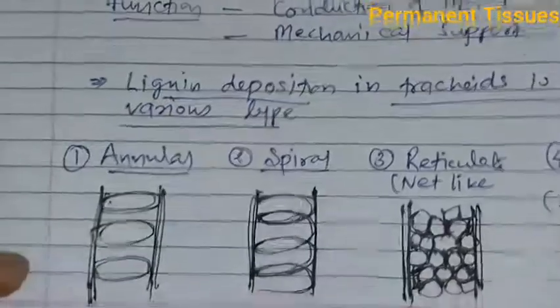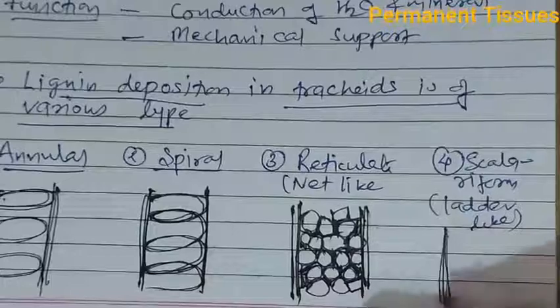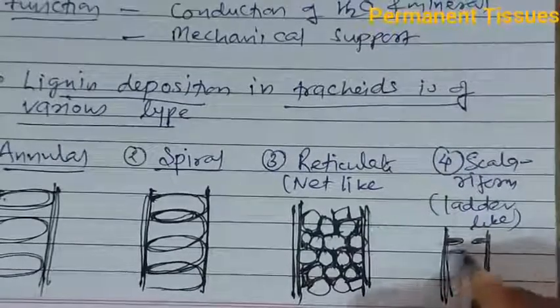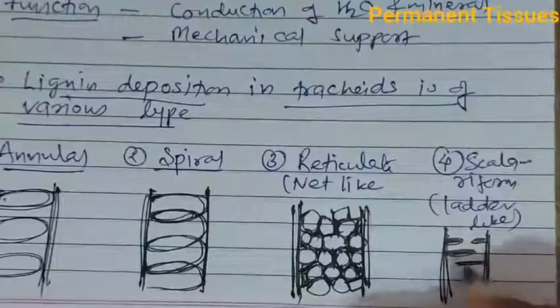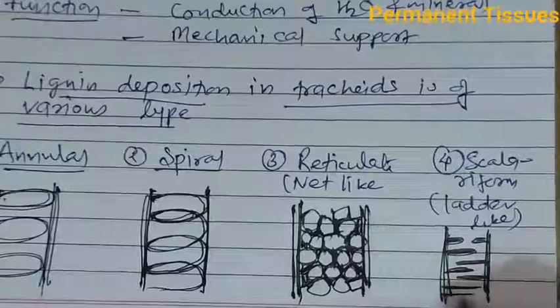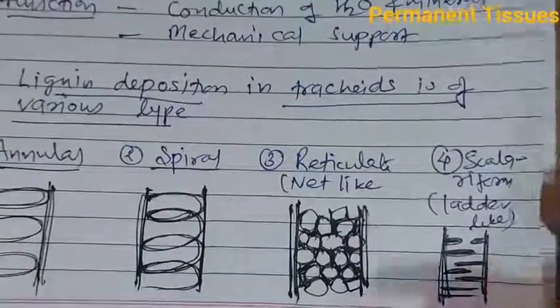That is net-like reticulate. And the last one is scalariform, ladder-like. So in this, lignin deposition is like this. This type of ladder-like lignin deposition is found in scalariform.